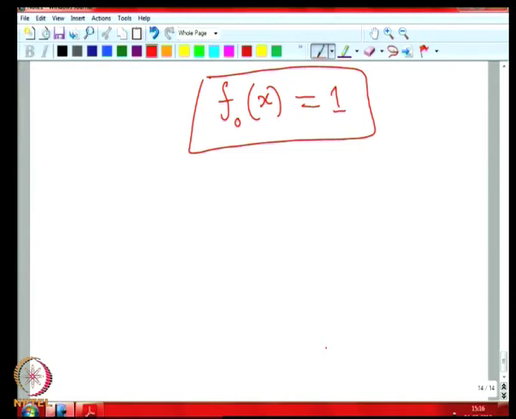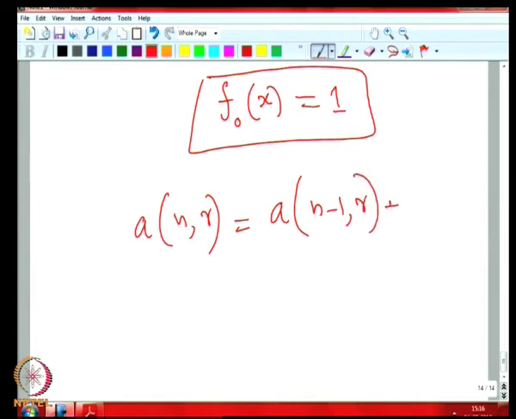Now, in our recurrence relation we said that a of n comma r equal to a of n minus 1 comma r plus a of n comma r minus 1. This is valid for r greater than or equal to 1 only. Also we will make this valid for n greater than or equal to 1 only, because otherwise we will have to again think about what will be a of minus 1 comma r, right.